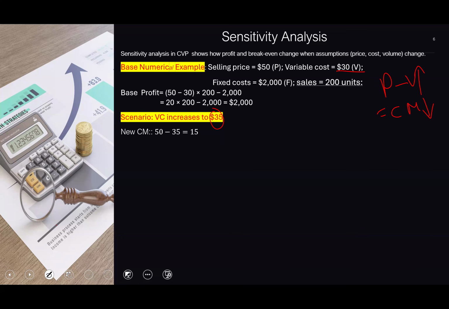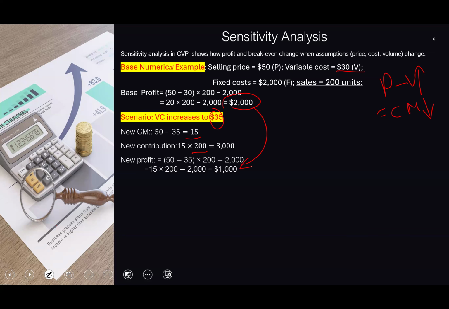Which is what is happening here. From $20 per unit, it has become $15 per unit. Now, my total contribution margin, assuming the number of units I sell is still the same, is $3,000. When I subtract my fixed costs out of that, notice my total profit came down by $1,000. My original profit was $2,000, but now my new profit is only $1,000. You see that?